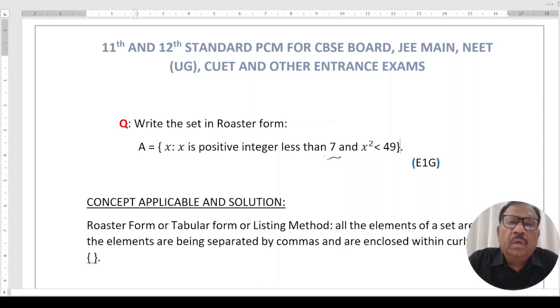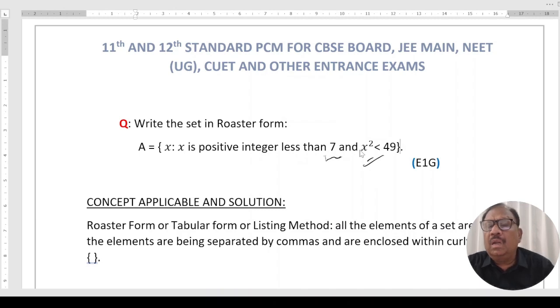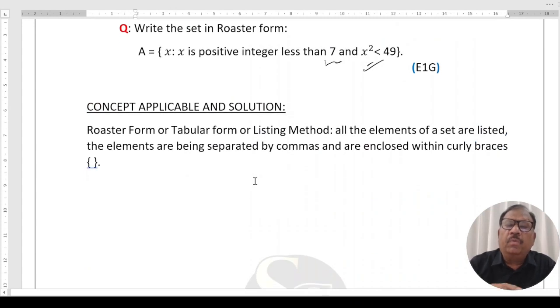Question is, write the set in roster form: x is a positive integer less than 7, and x square less than 49. What is roster form? Roster form is the form in which all the elements of a set are listed.